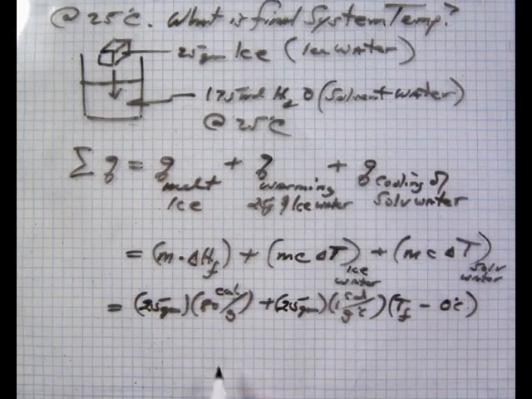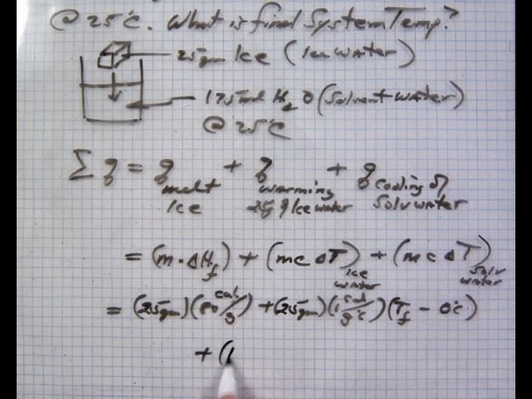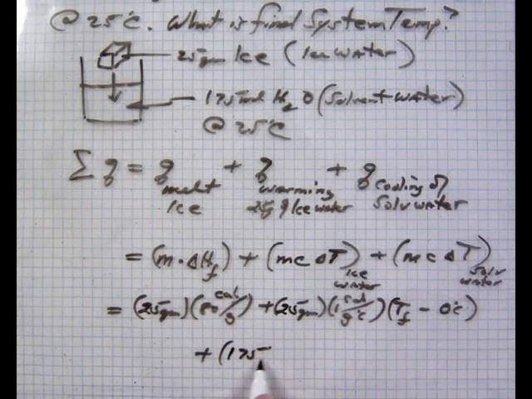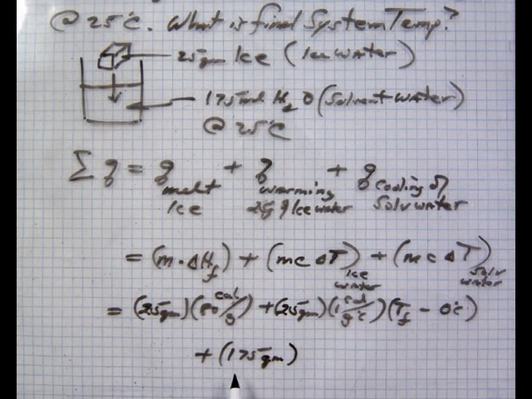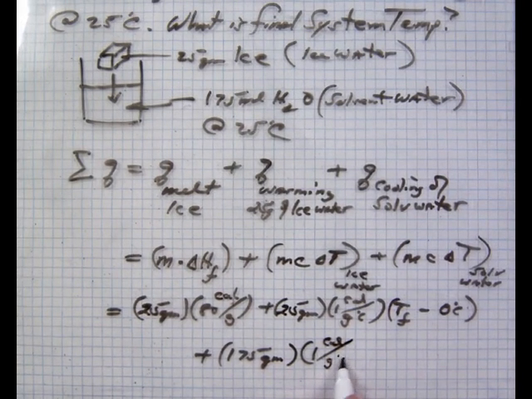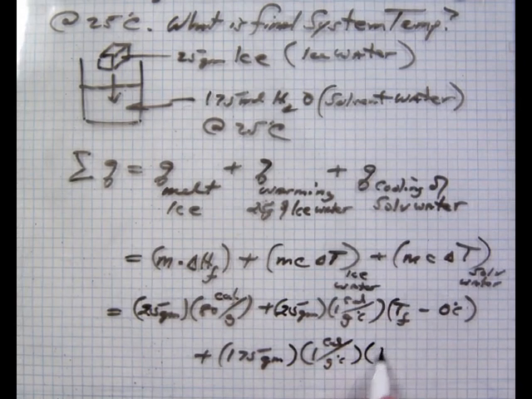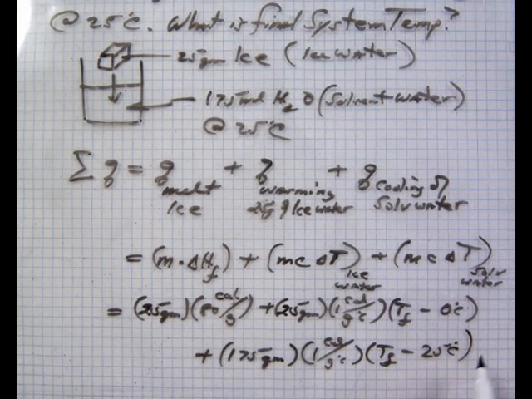And then we have the cooling of the solvent water, and we have 175 milliliters, well 1 gram per milliliter, and that's 175 grams. Everybody caught that? Sometimes they give it in milliliters. Water is assumed to be 1 gram per mL, so that's where you get your mass. And that too is 1 calorie per gram degree Celsius, and that will go T final minus the 25 degrees Celsius that you started at, and all of this equals 0.